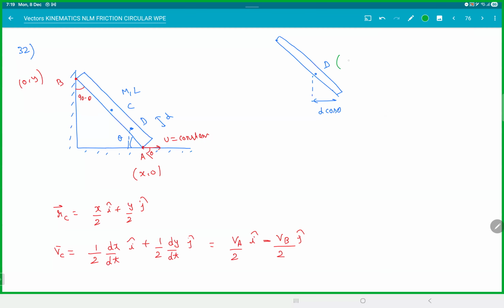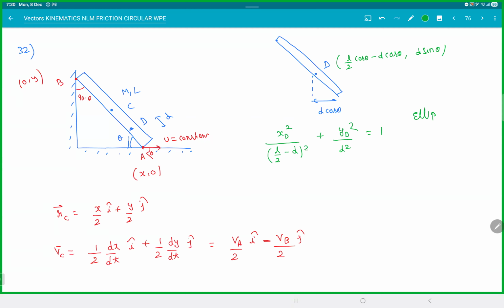So its coordinates will be L by 2 cos theta minus D cos theta, comma D sin theta. Those are your coordinates. So xd square by (L by 2 minus D) whole square plus yd square by D square is equal to 1.